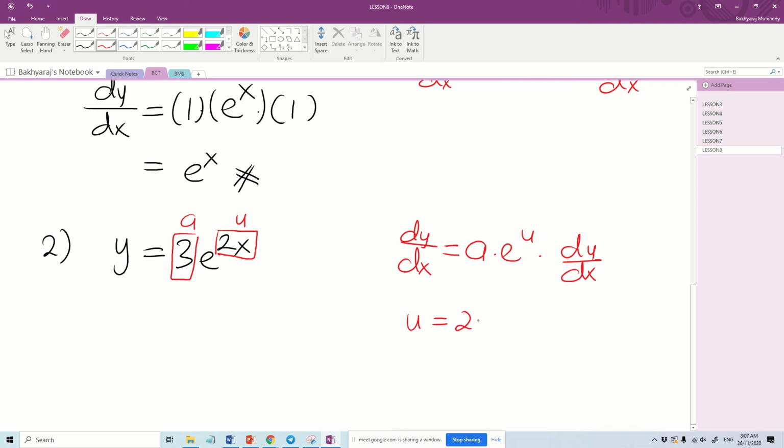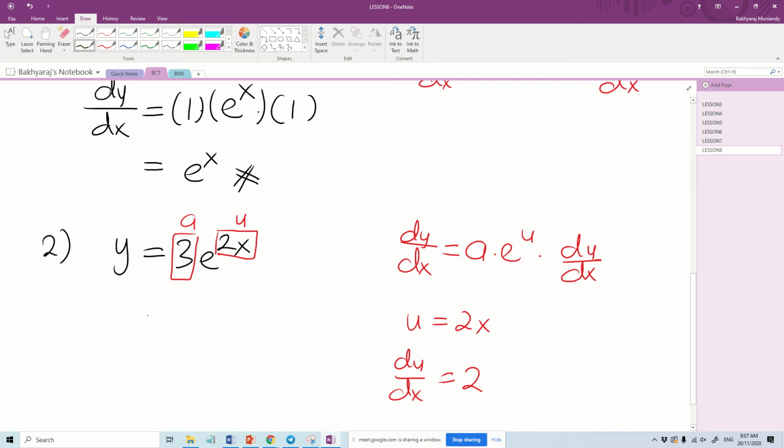U is 2x, so my du/dx is equal to 2. Very good, correct.